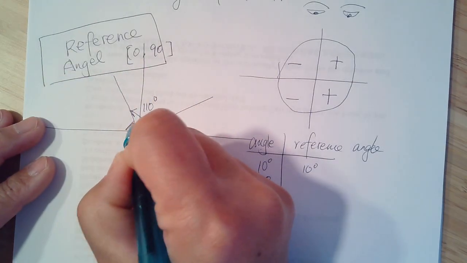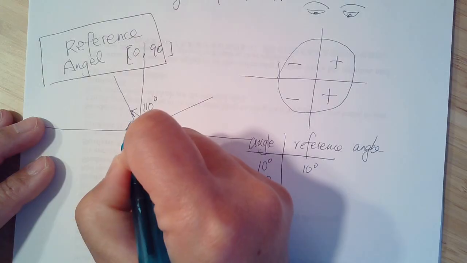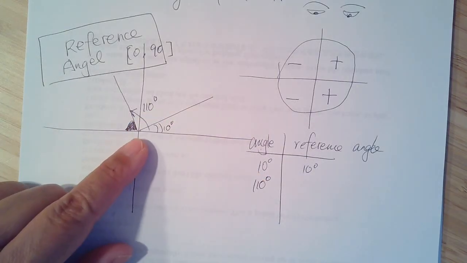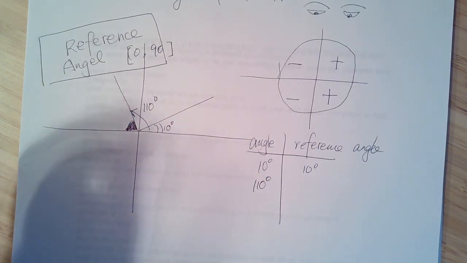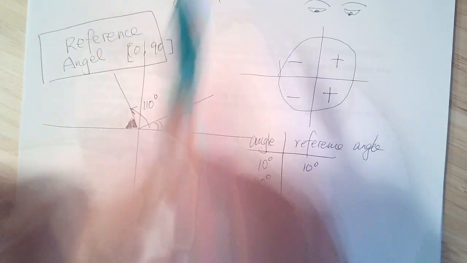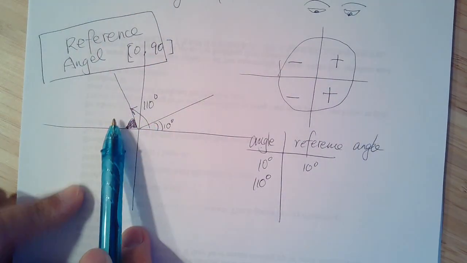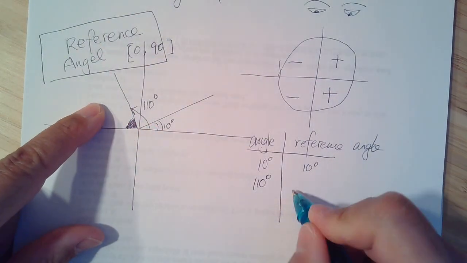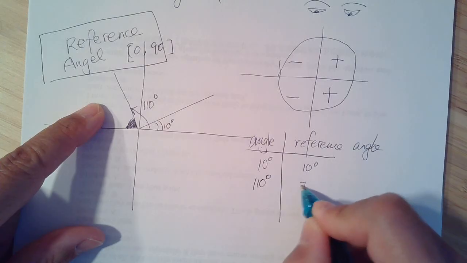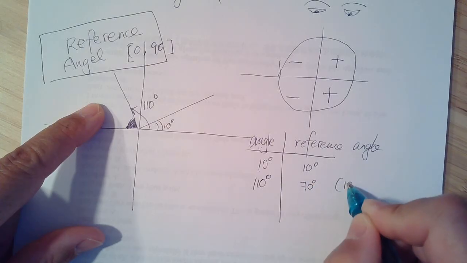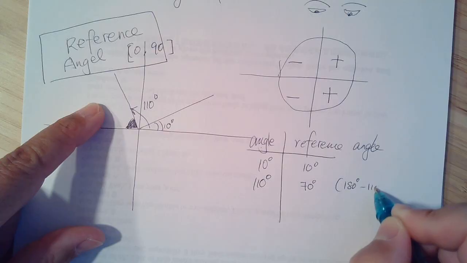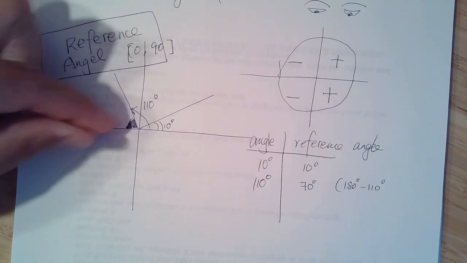So this angle is going to be the reference angle for 110. Make sense? Okay, so that's this angle. All right, now this 110, so what is this angle? Reference angle will be 70 because that is 180 subtract 110, because we only look at this little part.